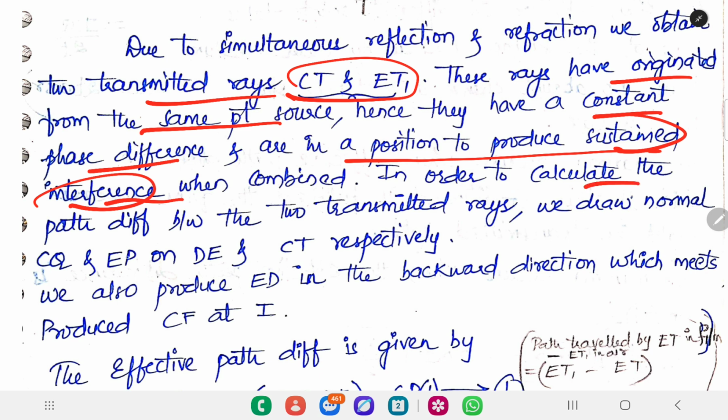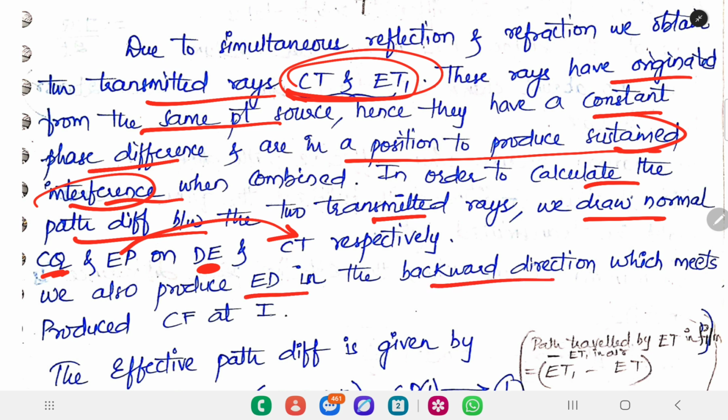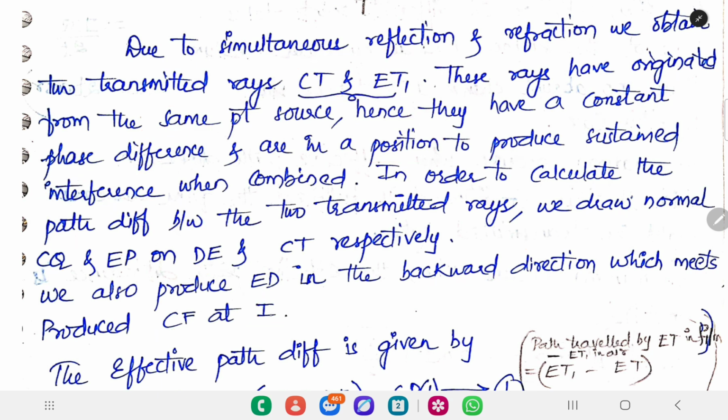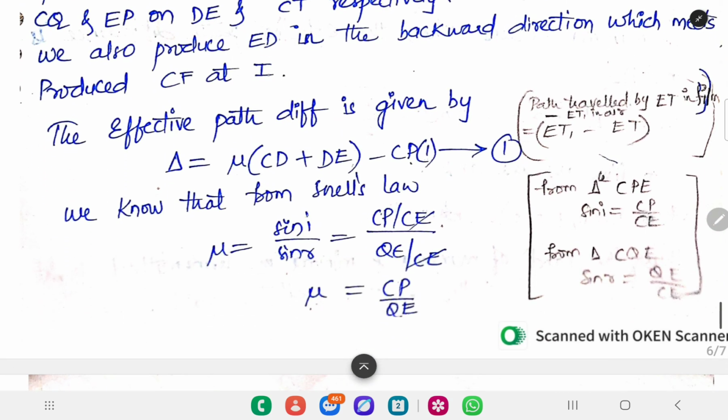So we have to calculate the path difference between CT and ET1. For that we draw normal CQ on DE and EP on CT. We also produce ED in the backward direction, where it meets CF at I. Now we have to find the path difference.